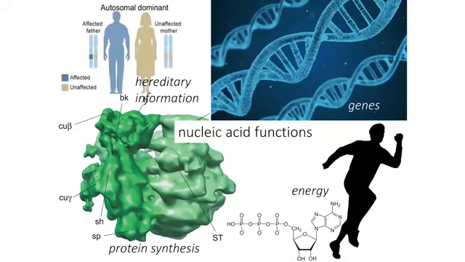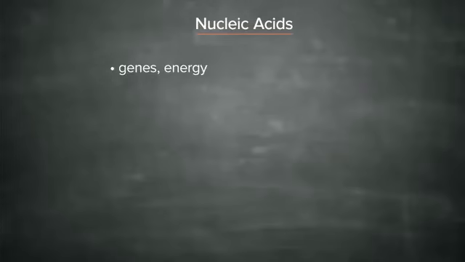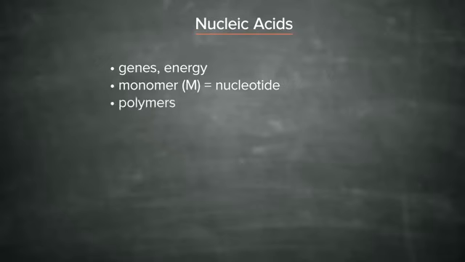They're involved in the synthesis of other types of macromolecules we'll talk about in a moment, the proteins, and they are the things that, because this is what genes do, carry the hereditary information from cell to cell, from parent to child. Nucleic acids are made up of nucleotides. The nucleotide would be the monomer. The polymer is either DNA or RNA.